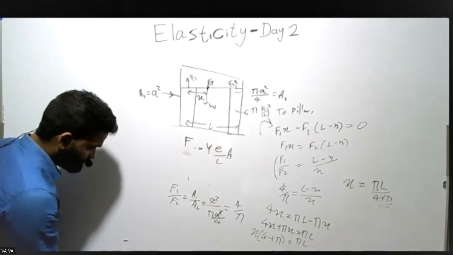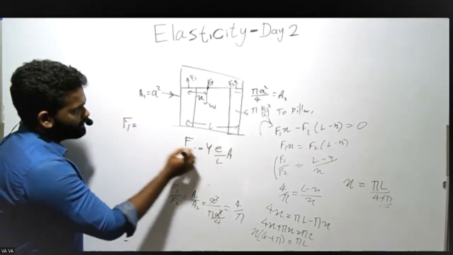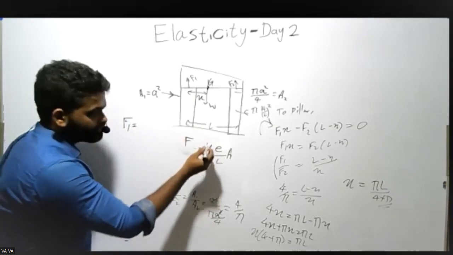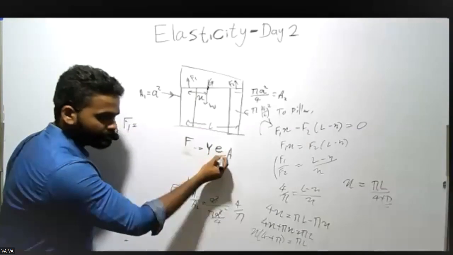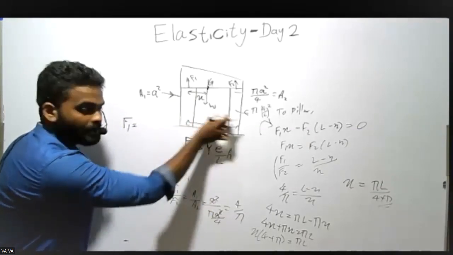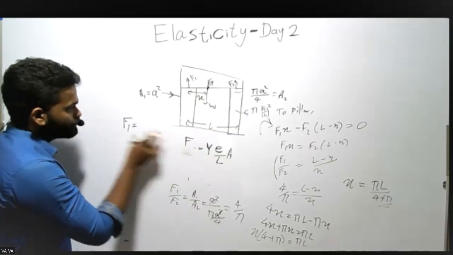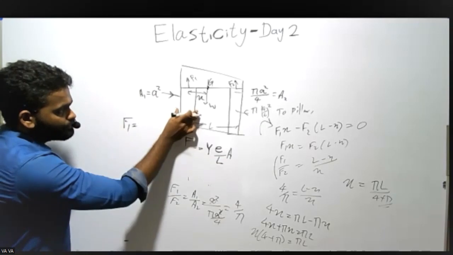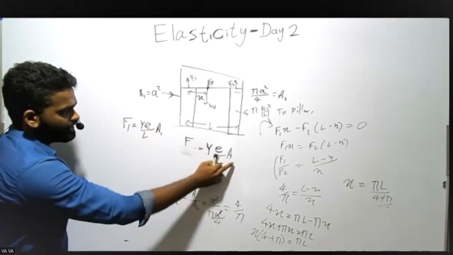So what happens if you write F1? For both cases, they are made of the same material, the compression is the same, and the length is also the same when you compare the two. So you write this equation for this pillar first, Y E divided by L, times A1.